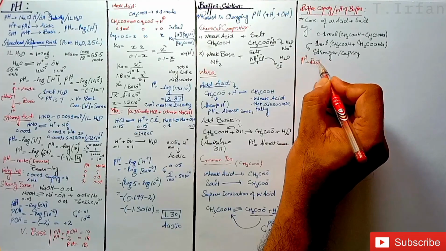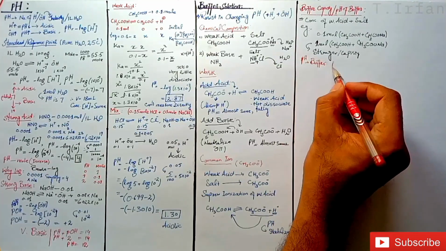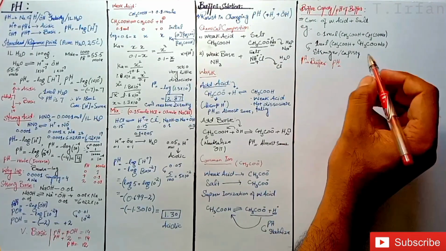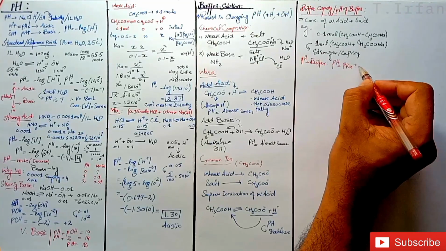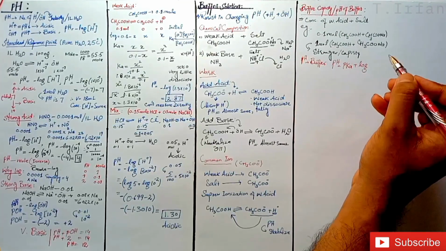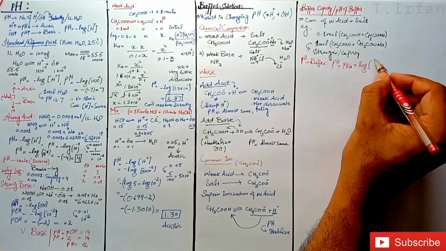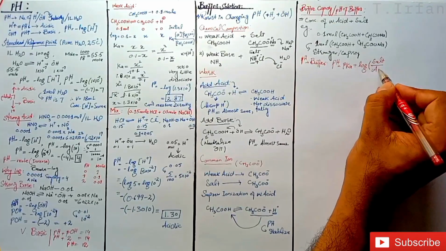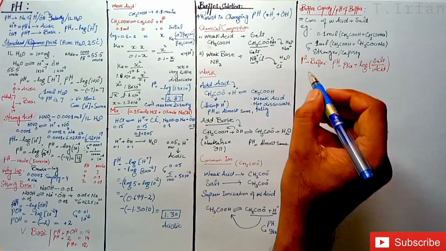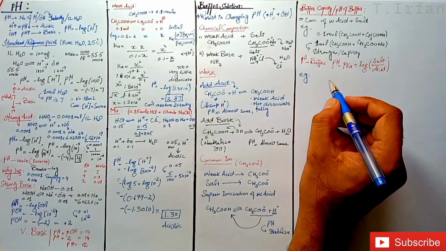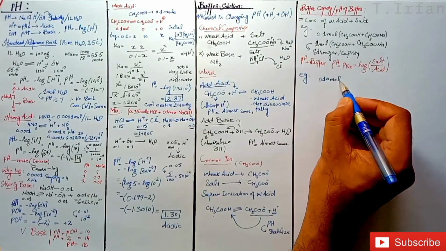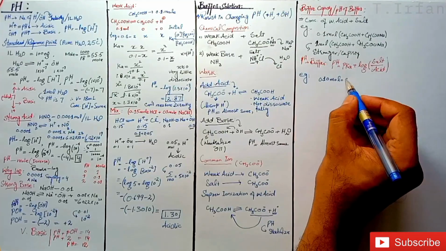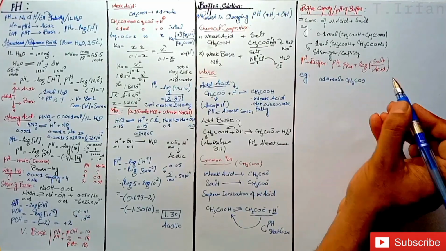Buffer solution has a specific pH, which we can calculate by using the Henderson equation. Through this equation, we can find out the pH of buffer solution before and after adding acid and base in the buffer. This determines buffer capacity. For example, we make a buffer solution by mixing 0.1 mole of acetic acid and 0.1 mole of sodium acetate.